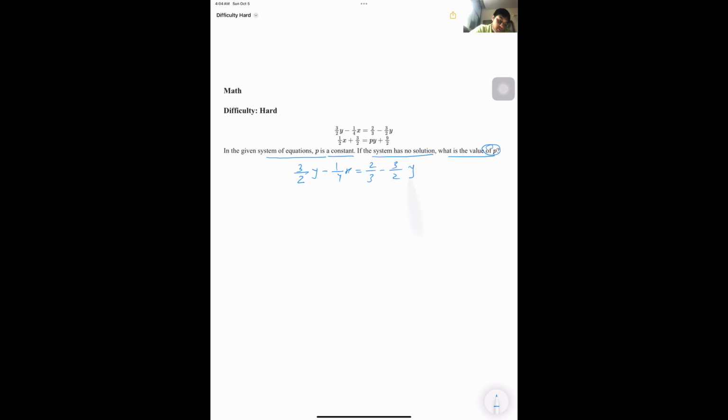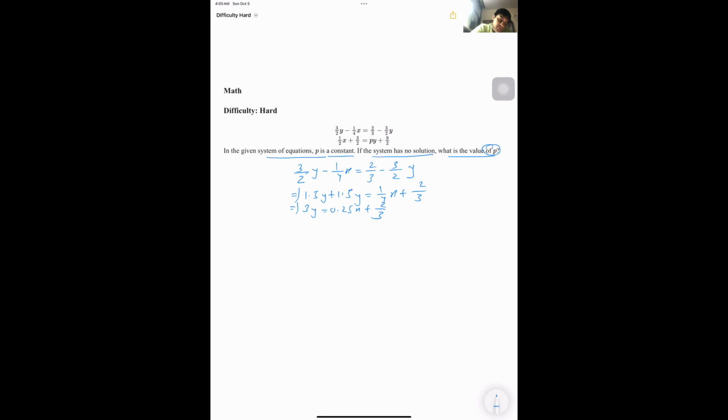It's given, so if you bring the y to one side, 1.5y plus 1.5y is equal to 1/4 x + 2/3, or 3y equal to 0.25x + 2/3.